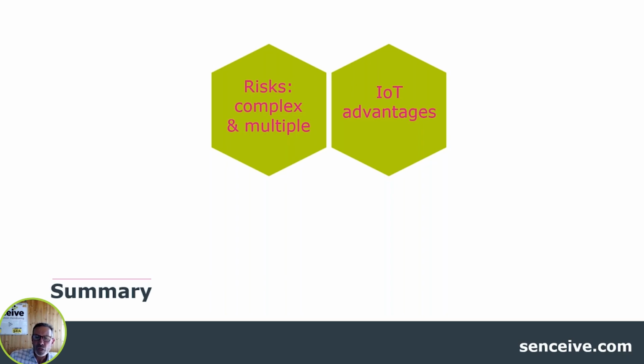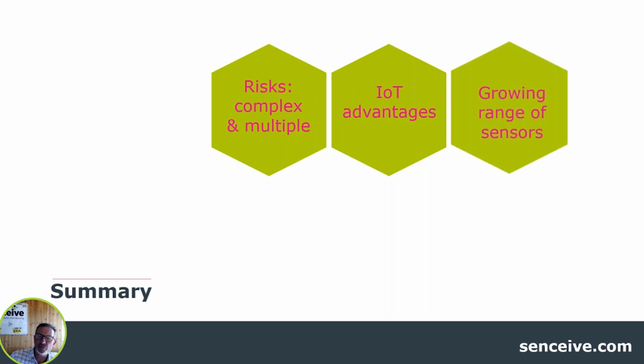So hopefully that's done that. Hopefully we've highlighted that there's a growing range of sensors and interfaces there that can allow you to combine many different parameters and condition aspects of the construction site into one wireless system.